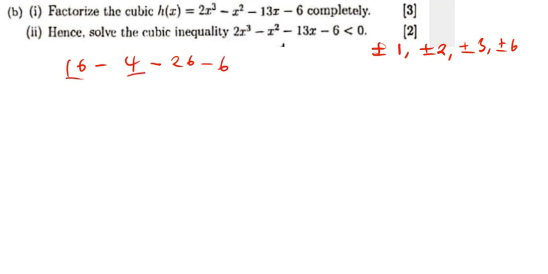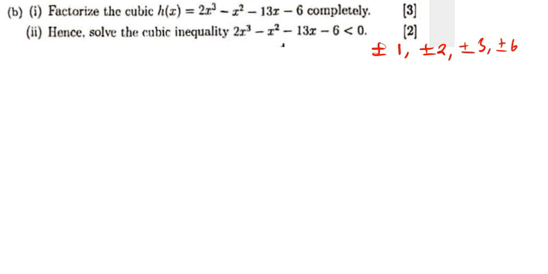So positive 2 definitely is not going to work out. Positive, right? Because we're saying 8 times 2 is 16. So 16 minus this. No, unless it's negative. Let's try negative.